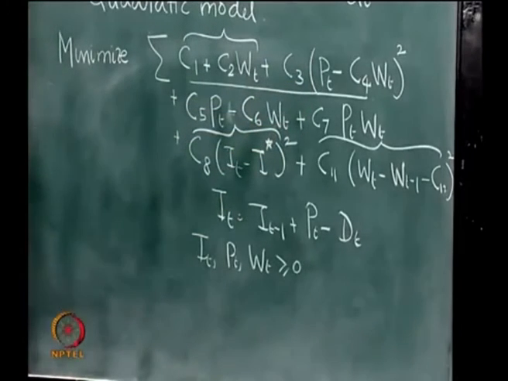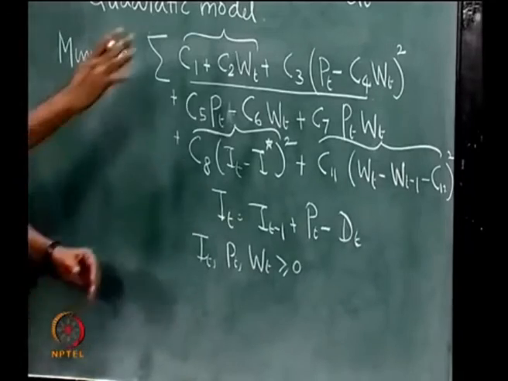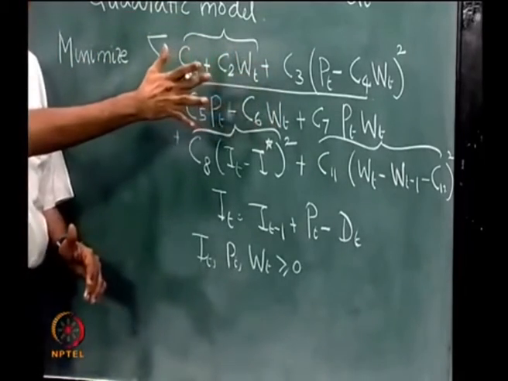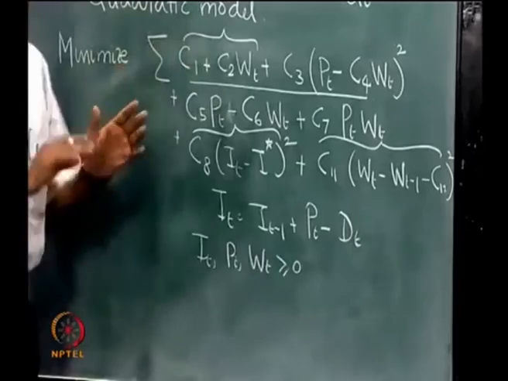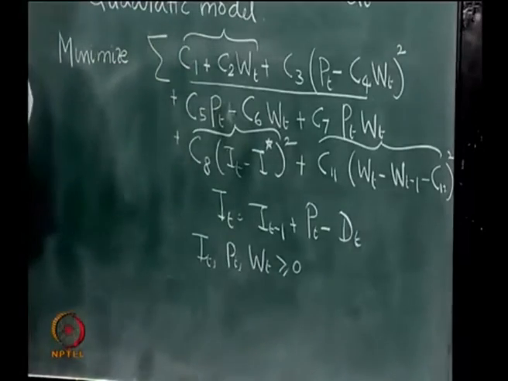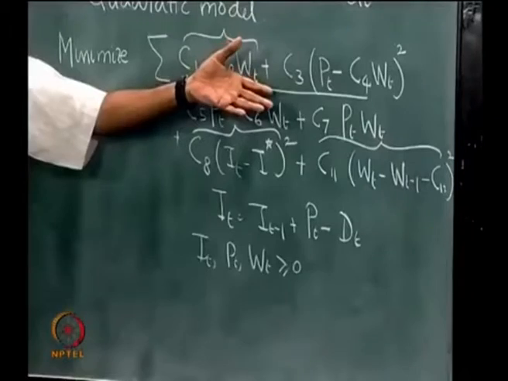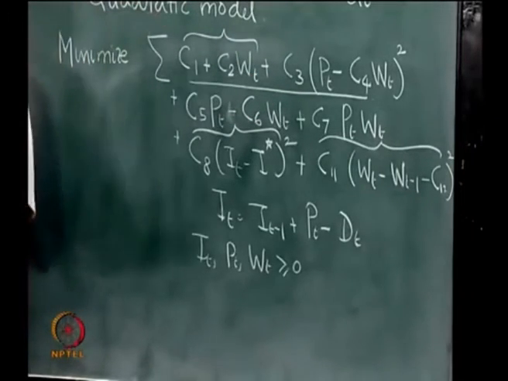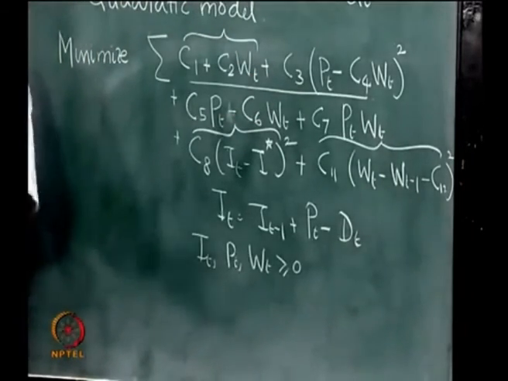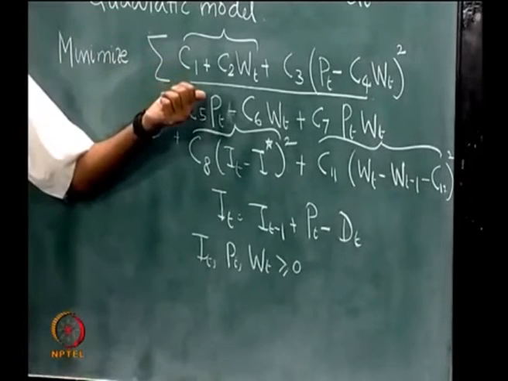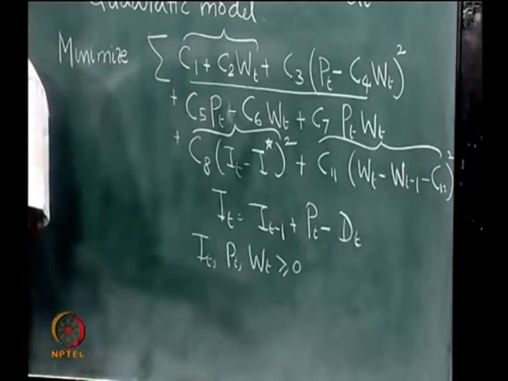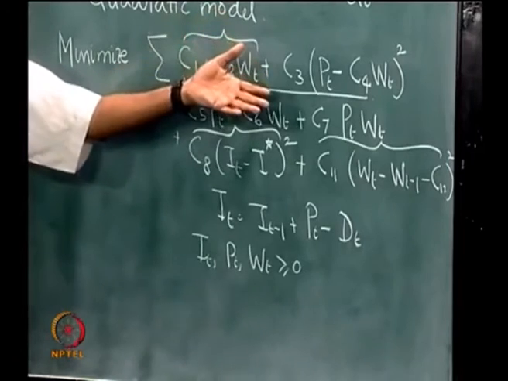Let me again repeat and indicate that it is not absolutely necessary that this has to be the objective function. A quadratic model suitably defined for a specific organization may include additional costs also, or may leave out certain costs, may include back order, which is not included in this function, may include outsourcing, which is not included in this function, and so on.